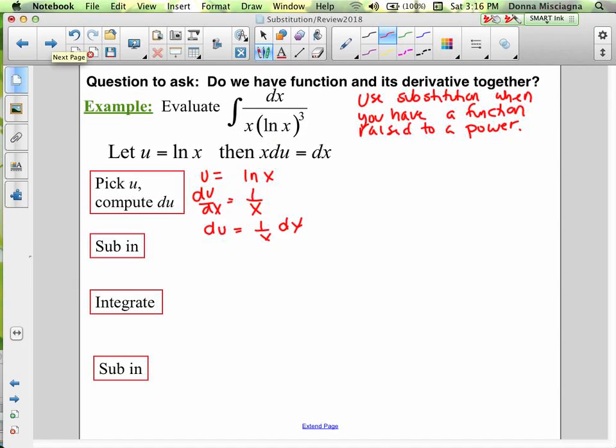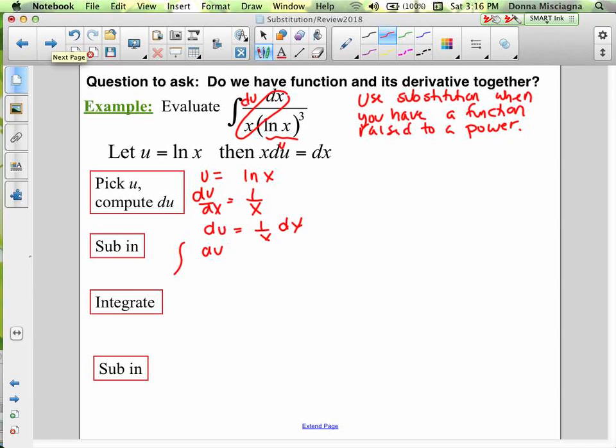I don't like the way this was written. I didn't type that part in. Sometimes I need it just so I can have the function all written all pretty, and you don't have to always look at my horrible handwriting. But this right here is the du, because 1 over x is the derivative of natural log. And then this part here is the u, and the only thing we're leaving is the exponent. So now this would be the integral of du.